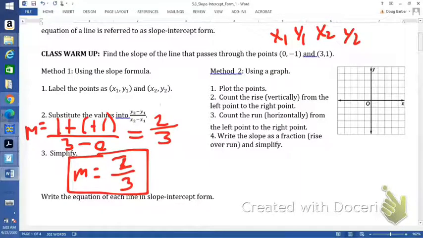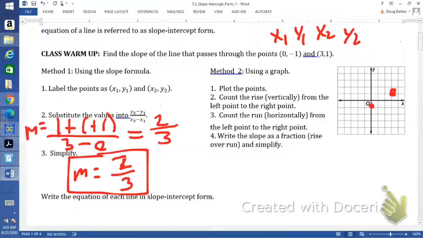Alright, the second method is going to be using a graph. So you want to plot the points (0, -1) and (3, 1).